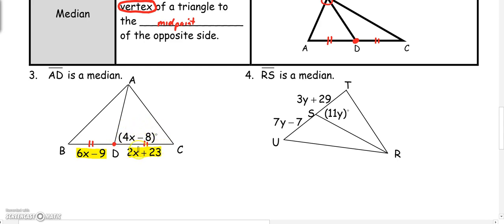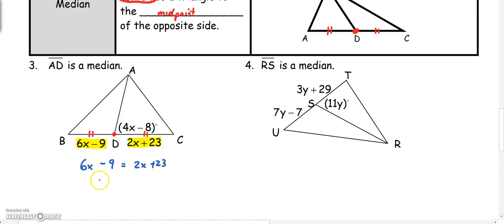This angle I want to ignore for now because I don't know anything about the angle in a median. So I'm going to use the highlighted segments to solve for x. 6x minus 9 equals 2x plus 23. When I solve, I get 4x equals 32, and divide, so x is 8.